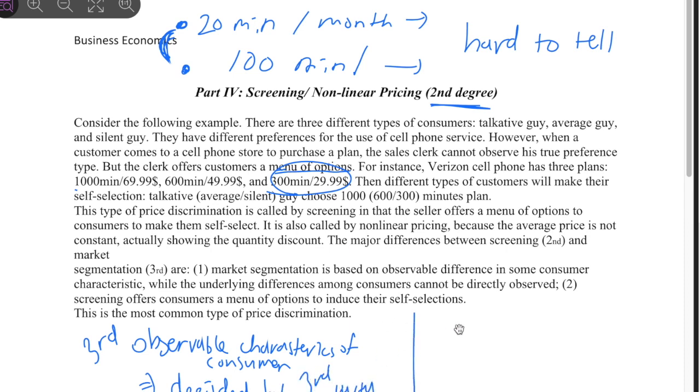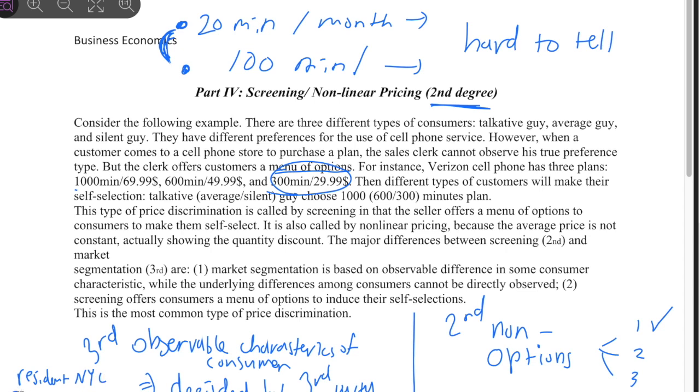But second degree is a non-observable characteristic, and we only give options, right? So we don't know, but there are different types of people, so we're going to offer option 1, 2, 3, and you can choose what you want, right? This is because you are a resident of NYC, the tuition is not $5,000, but you only have to pay $3,000, right?